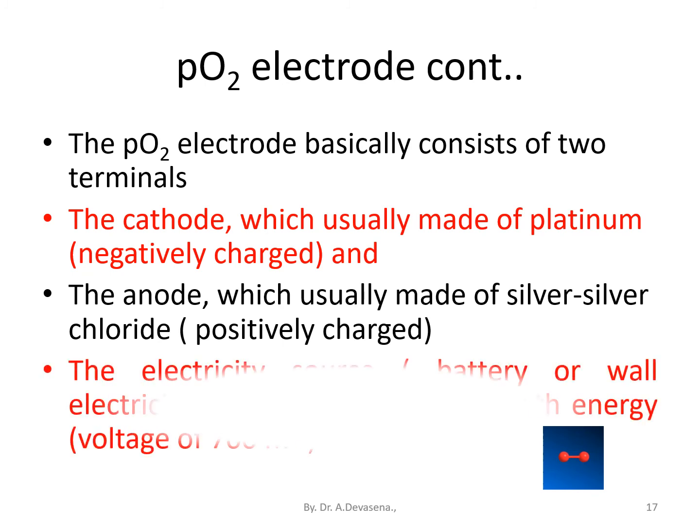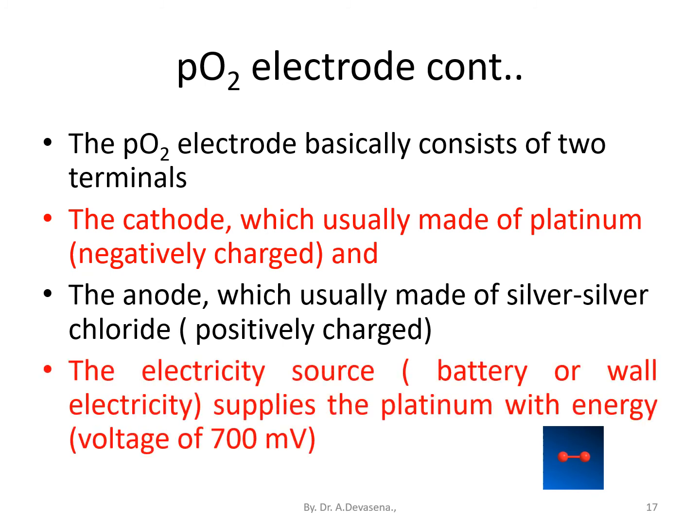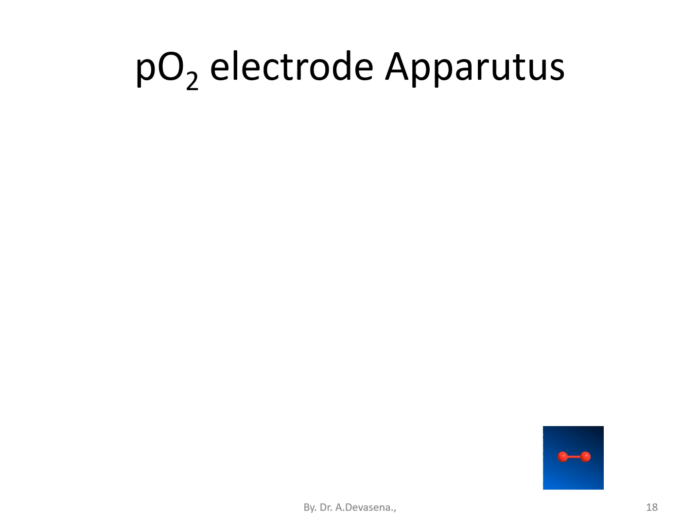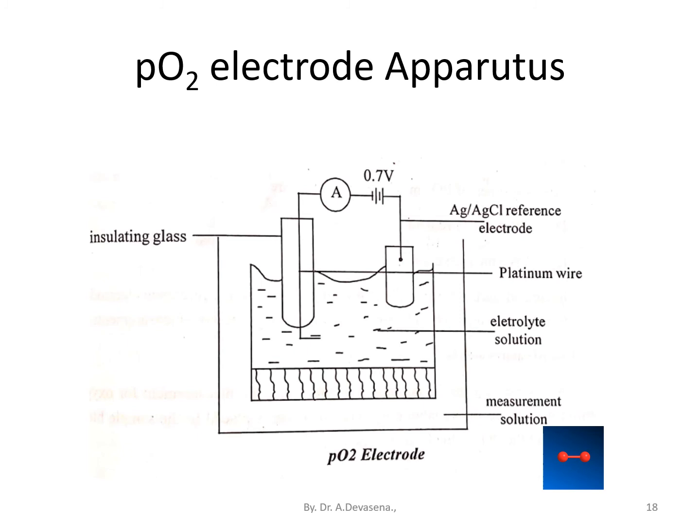The electricity source, that is a battery or wall electricity, supplies the platinum cathode with energy, that is the voltage of 700 millivolts. The PO2 electrode apparatus is shown here. This is the circuit that is used for measuring the partial pressure of oxygen.